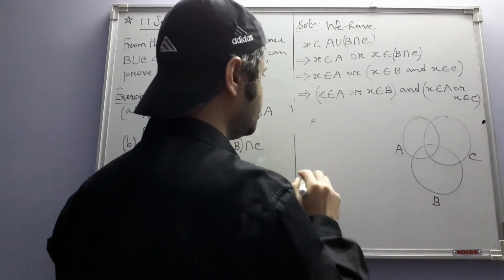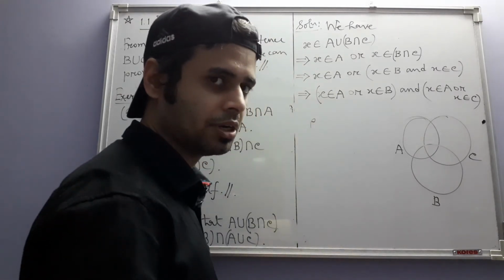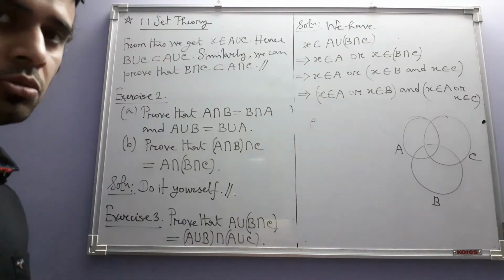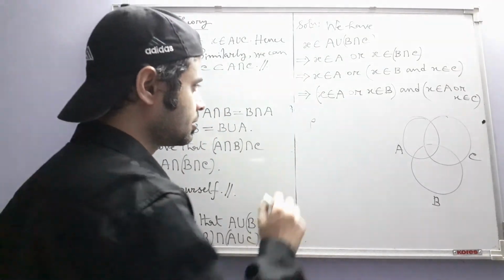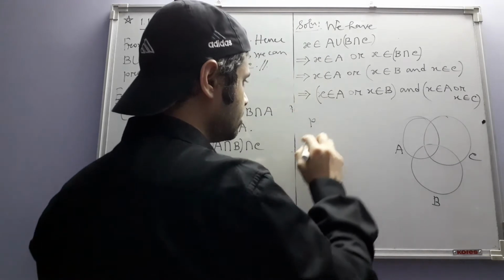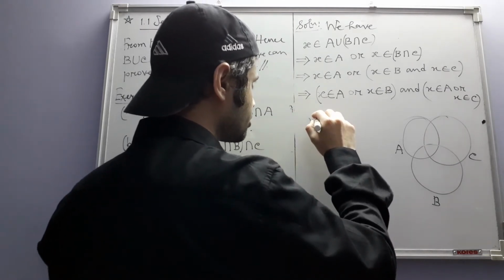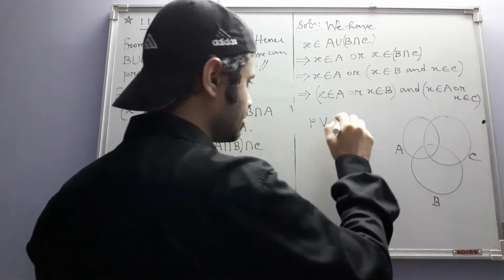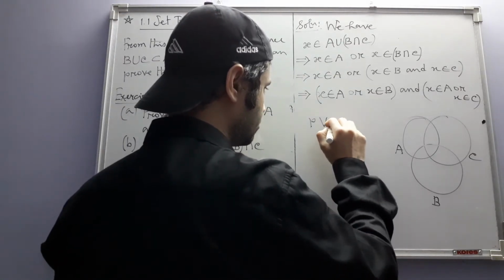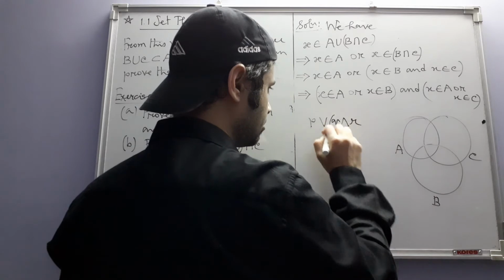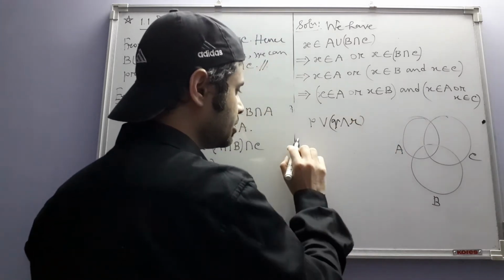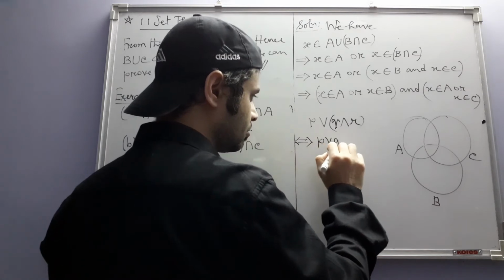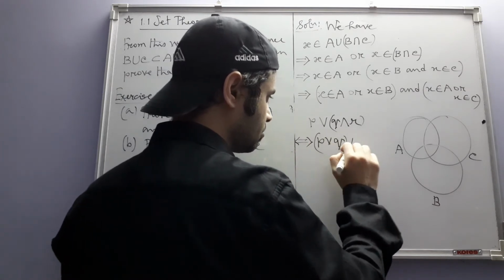If P, Q and R are three statements, that is sentences which are either true or false, and this symbol denotes OR and this symbol denotes AND, then this statement is logically equivalent to this statement.